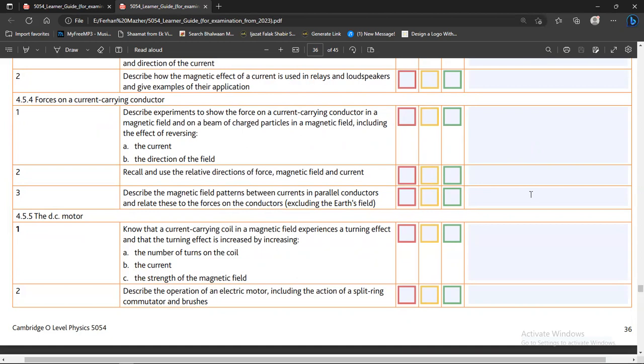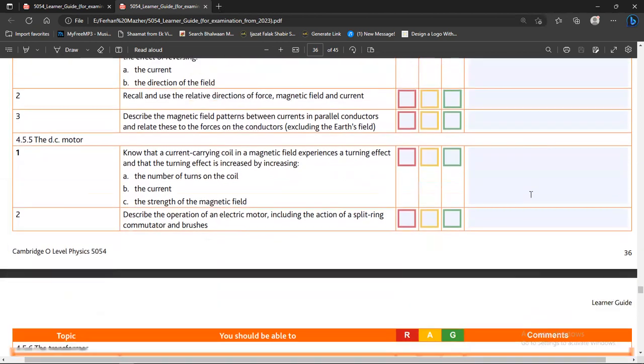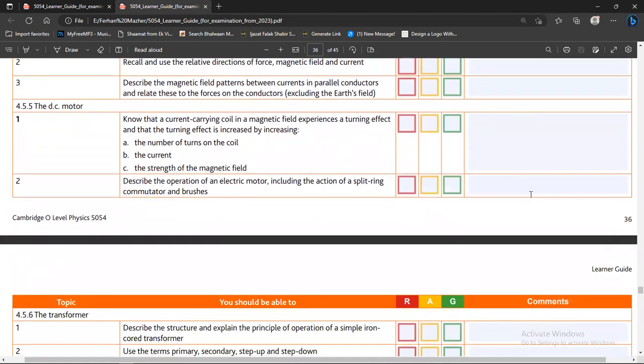Describe the magnetic field patterns between currents in parallel conductors and relate these to the forces on the conductors, excluding the Earth's field. The DC motor.